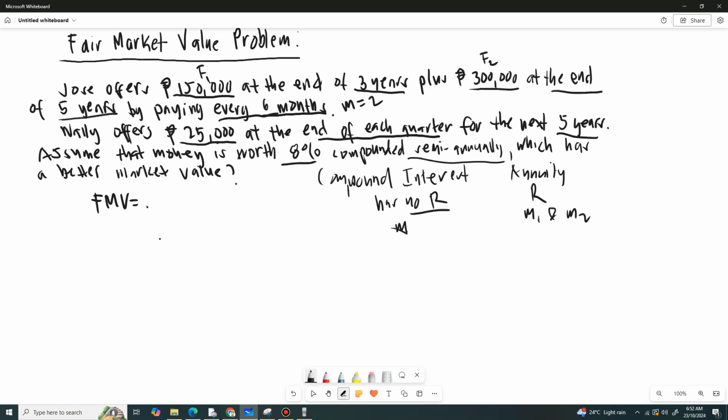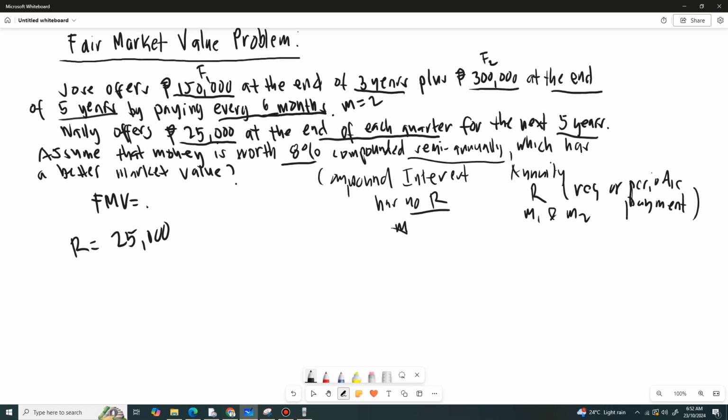Therefore, 25,000 here is the R. R is called the regular payment or periodic payment. So let this be R, R is 25,000. And then besides R is our M1.